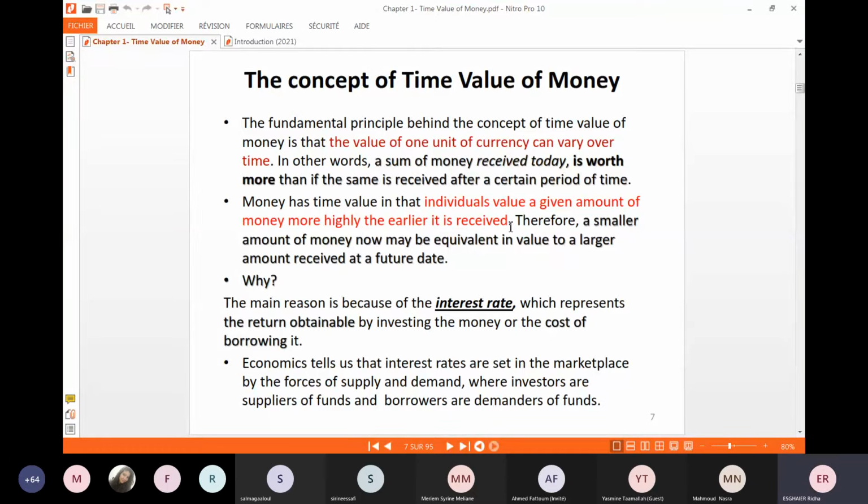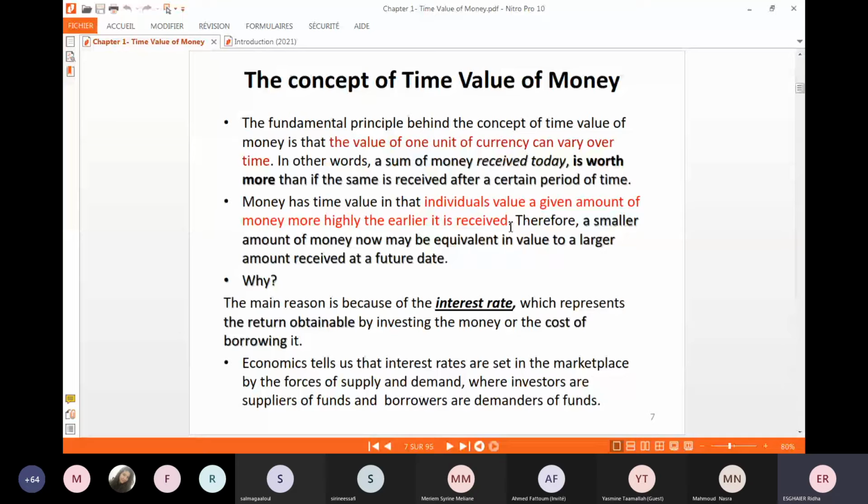According to this principle, a smaller amount of money now may be equivalent in value to a larger amount received at a future date. Why? As we said in the previous example, this occurs because of the interest rate. And what do these interest rates represent? The interest rates represent the return that you can obtain if you invest your money, the gain that you can obtain if you invest your money today.